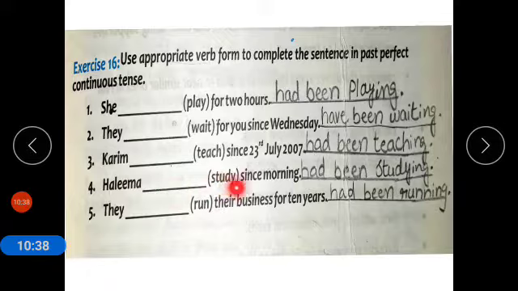Halima study since morning. Halima had been studying since morning. They run their business for 10 years. They had been running their business for 10 years. So we have to write had been in all of the blanks along with the verb followed by ing.